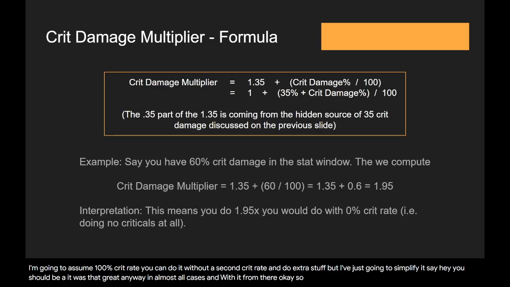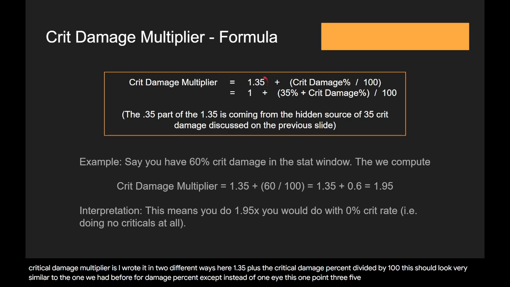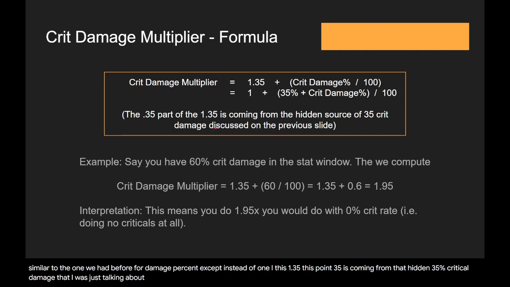Okay, so what is the critical damage multiplier? Here it is. The critical damage multiplier is, I wrote it in two different ways here, 1.35 plus the critical damage percent divided by 100. This should look very similar to the one we had before for damage percent, except instead of 1, I have this 1.35. This 0.35 is coming from that hidden 35% critical damage that I was just talking about.